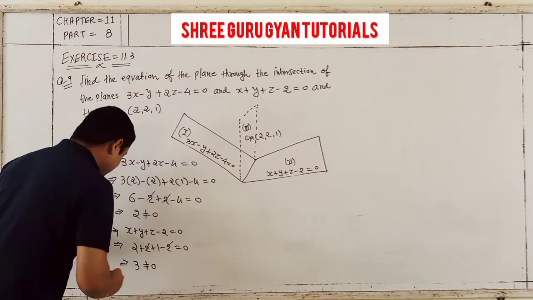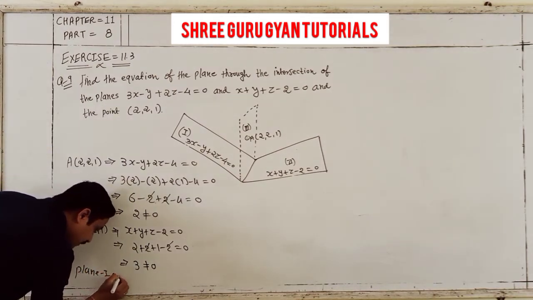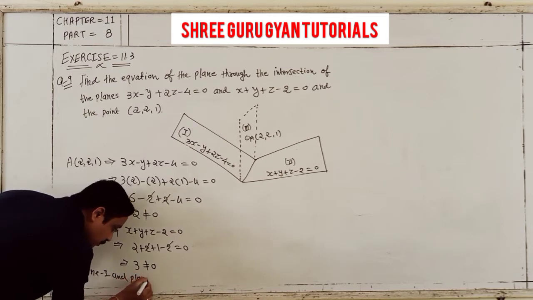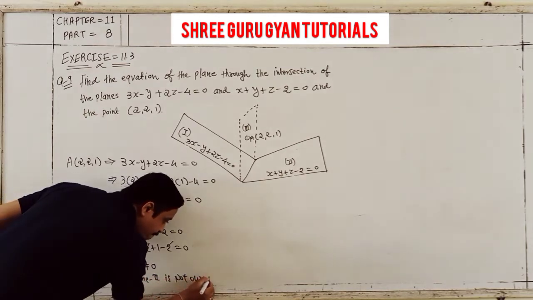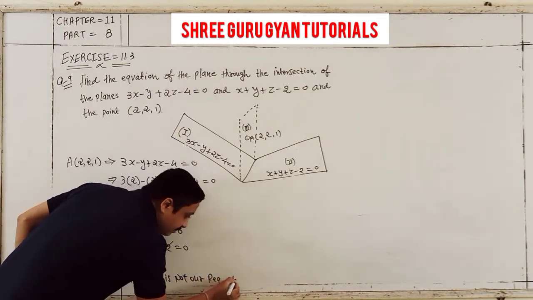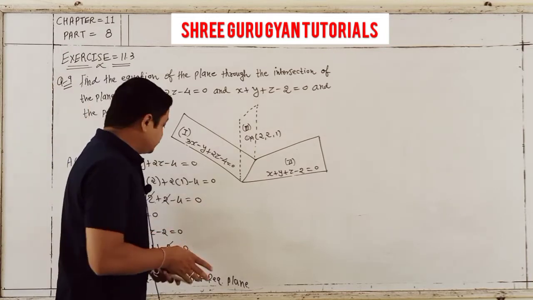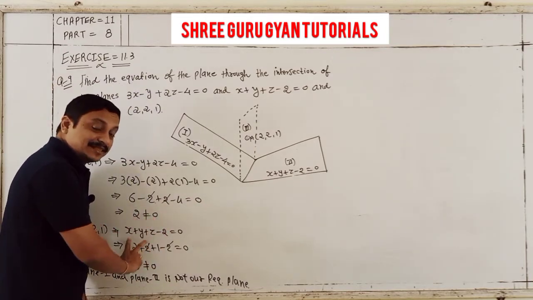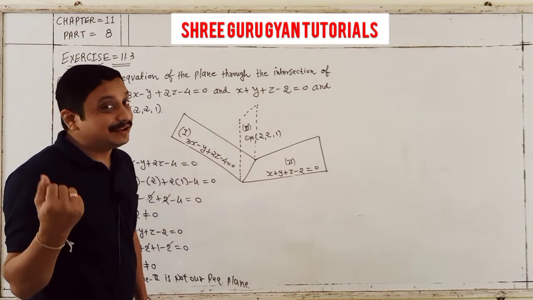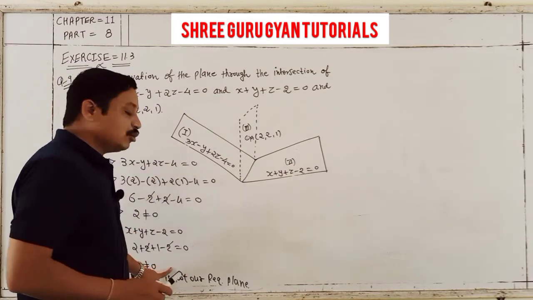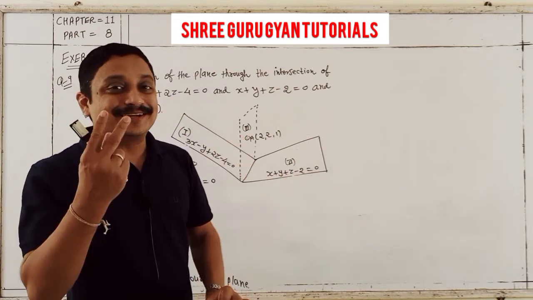Therefore plane 1 and plane 2 are not our required plane. If the point belonged to one of them, giving 0, then you could write that it is your required plane 1 or required plane 2. Now both are not the required plane, so I go to the lambda method and derive my third plane.